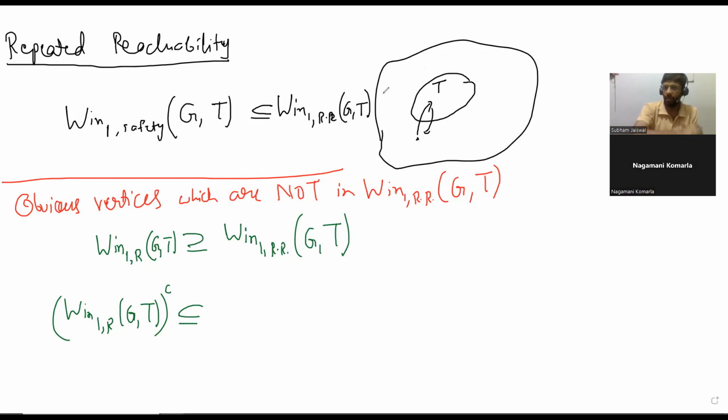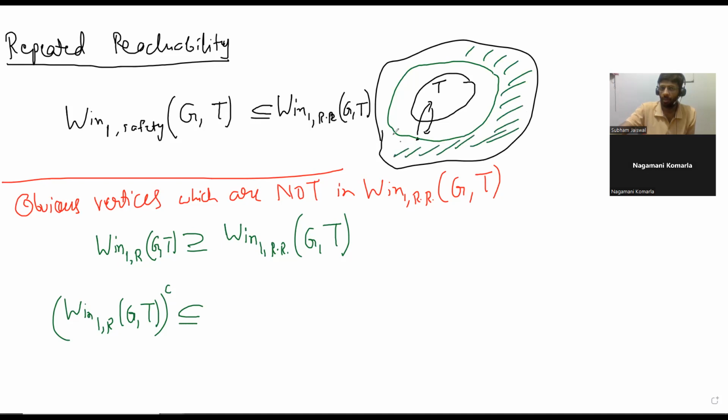If we can get hold of some vertices that are certainly not in Win1 RR, then we will remove them. Obviously there needs to be something more, but the idea is that we remove those vertices and play the game for Win1 RR on the smaller graph.